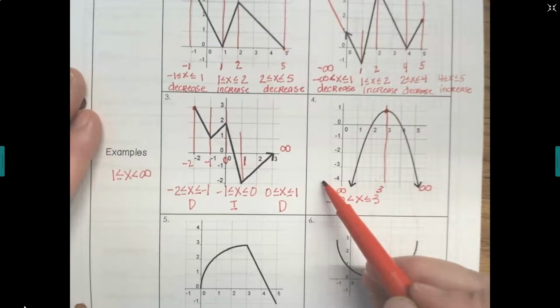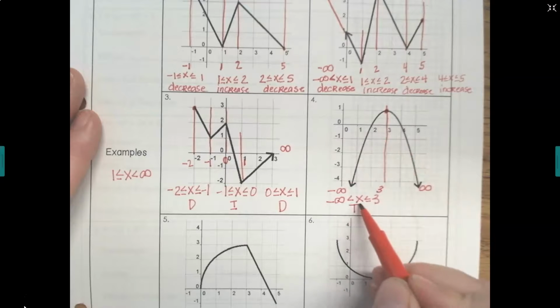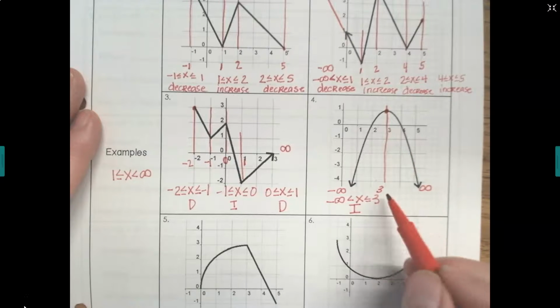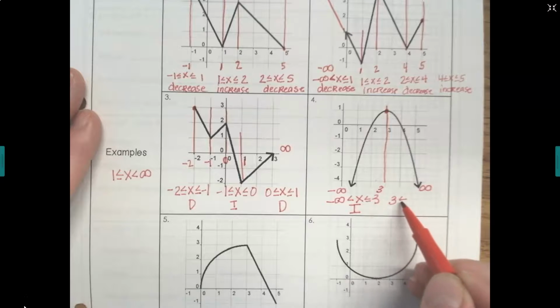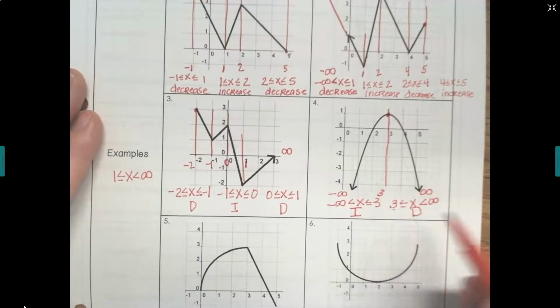And when you're reading it from left to right, that's your increase. So we're going to write that as an I for increase. And then at 3, the graph is going to turn around and head back down again. So 3 is less than or equal to x, which is less than infinity, and that's our decrease.